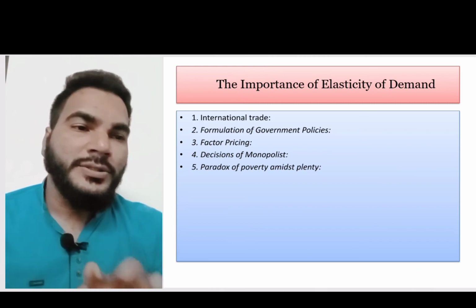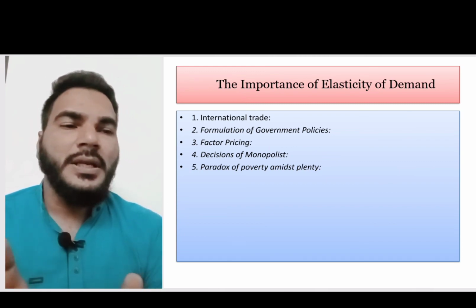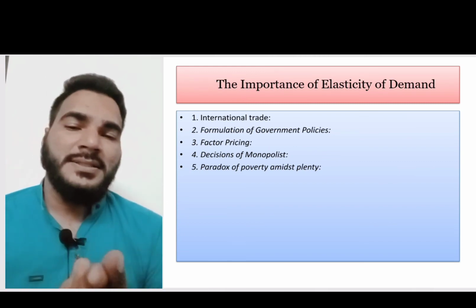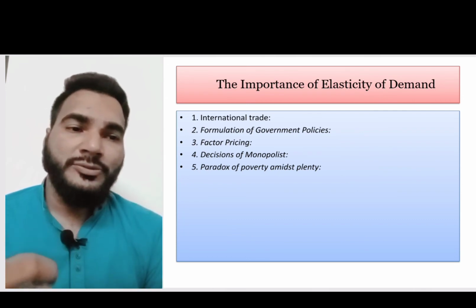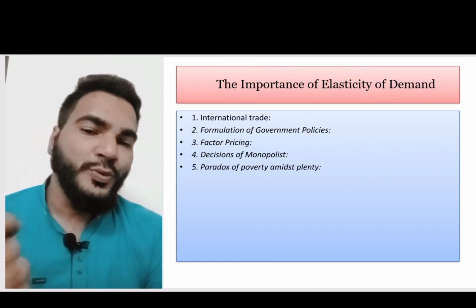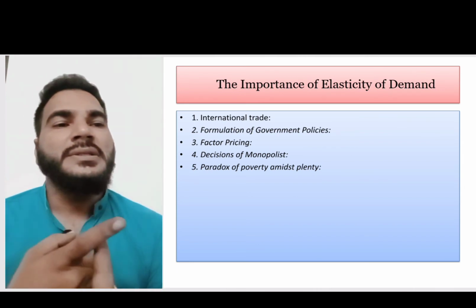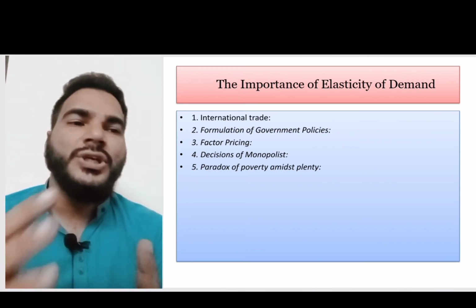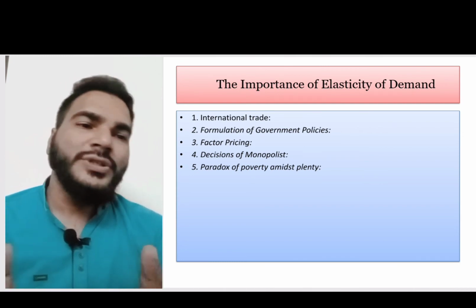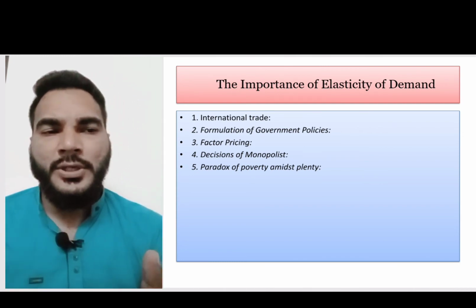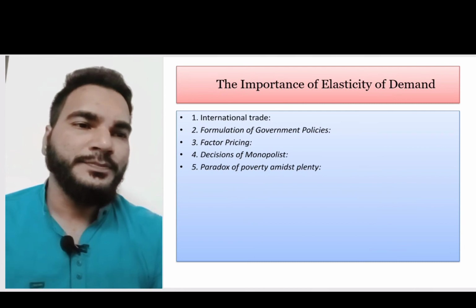Then we have the paradox of poverty amidst plenty. Basically, price elasticity of demand also helps in removing poverty from the country. As it is very important for international trade, it is important for government policy. So initially it goes in the same way, and it would help to remove poverty as well.